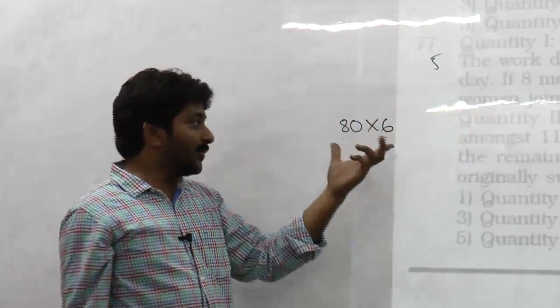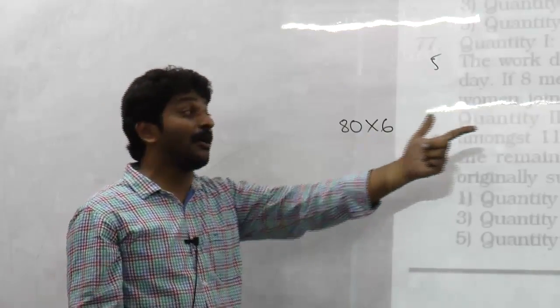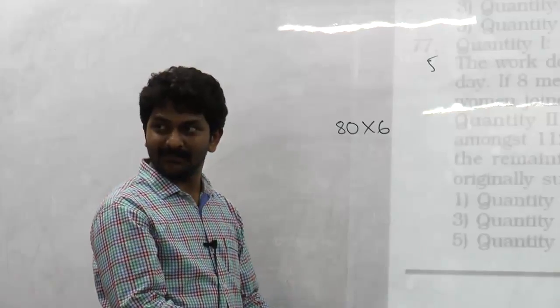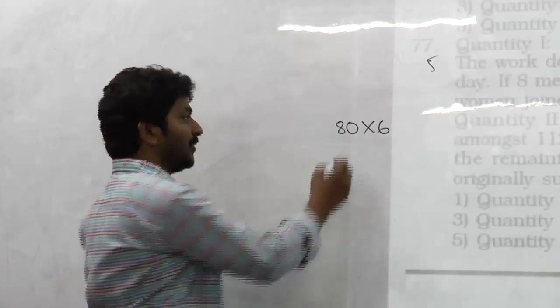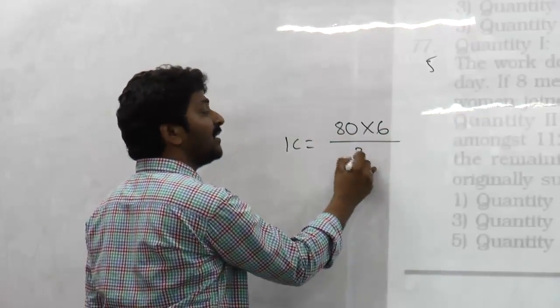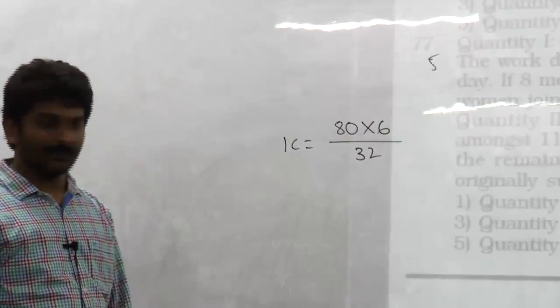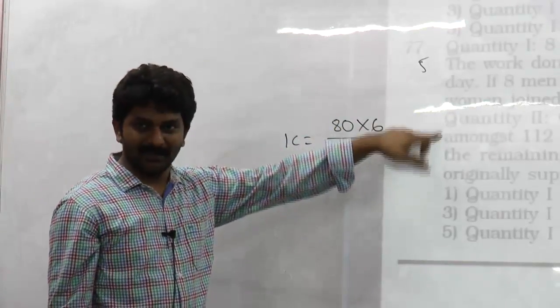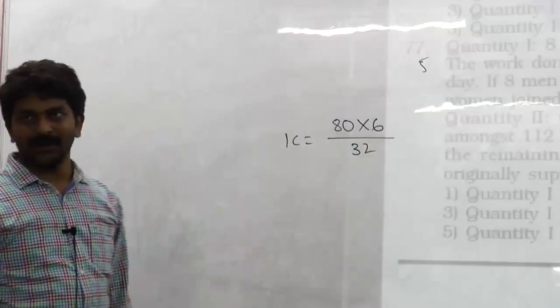Yes or no? So we are supposed to distribute these sweets among 32 children if they were present. So each child will get 80 into 6 by 32. This number is more than 2 times 6, so more than 12. Quantity 2 is more than quantity 1. Enough.